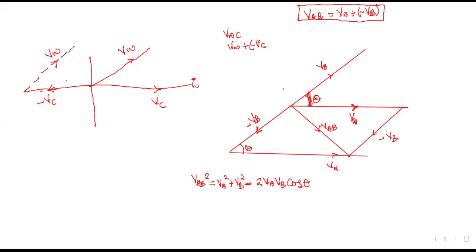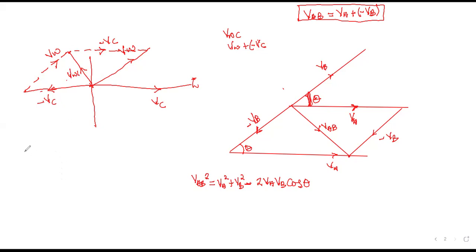Okay, this is also minus VC. So VW, minus VC, you realize that the resultant, the direction of what we are looking for, which looks like the resultant, VWC, would act along here.